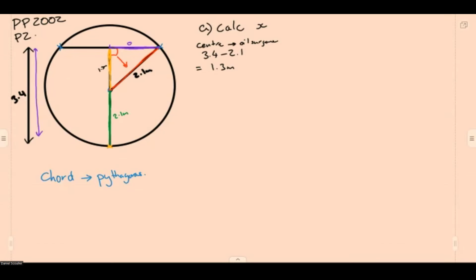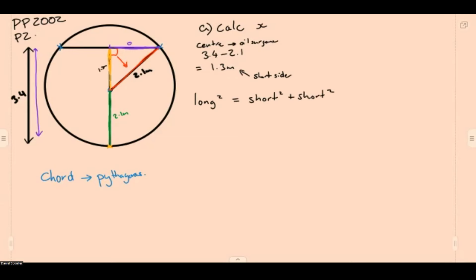So now we've got the hypotenuse from the center to the edge, across from the 90-degree angle, and we've got one of the short sides. Now remember, write this whatever way you're comfortable with, but Pythagoras is the long side squared, the hypotenuse, equals the two short sides squared added together.